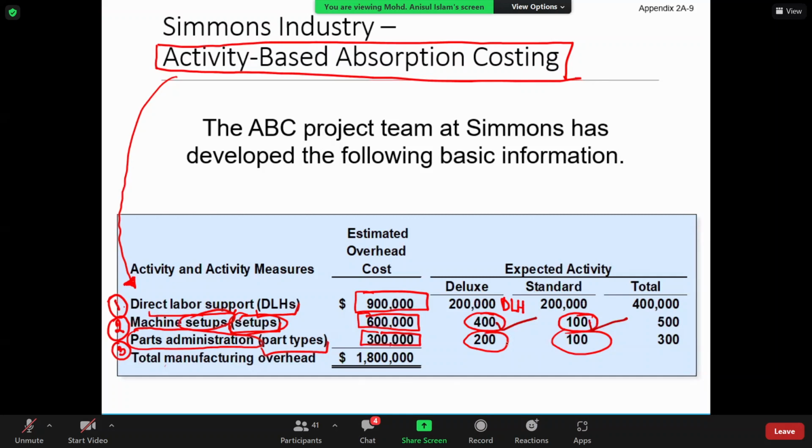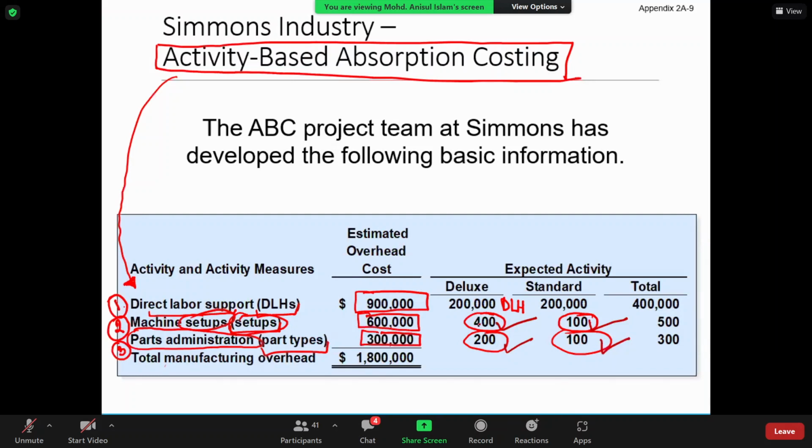Similarly, for parts administration, we need more parts to be assembled for the deluxe product, and for the standard product we need fewer parts to be assembled.